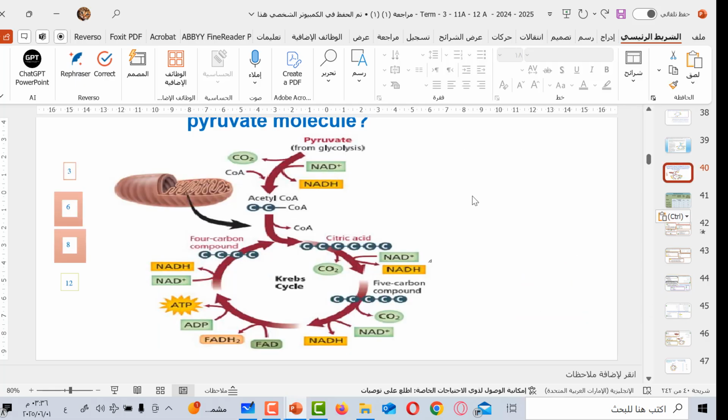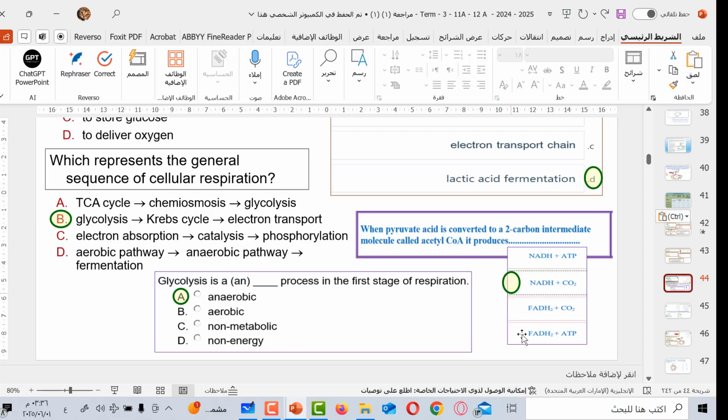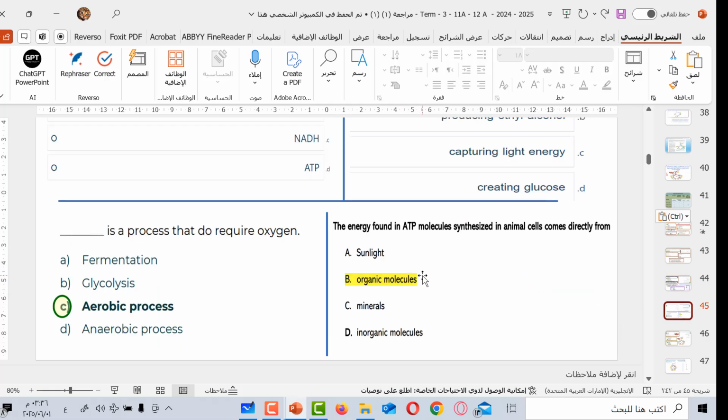If we return to here, this is acetyl-CoA, okay? When he asked, it will be NADH and CO2. So the answer here, I think, is NADH plus CO2, okay? So be careful again about these cycles, the Krebs cycle and the Calvin cycle and so on.